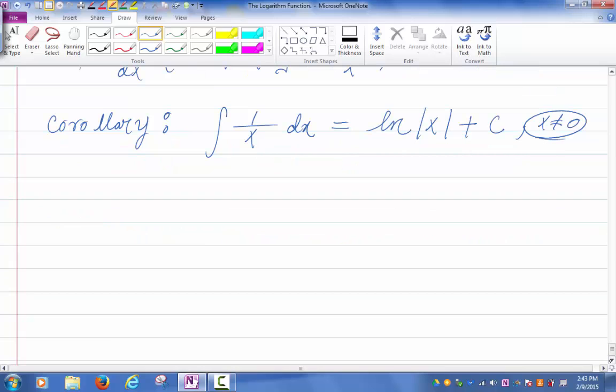We are going to use this now in a couple of examples. What's the integral from 1 up to e of ln of x over x dx?